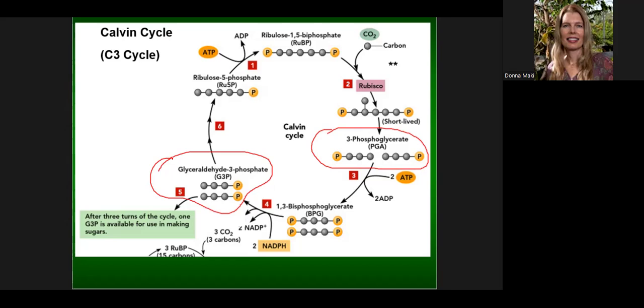ATP's got to come into play because you need to add more phosphate. You can see the addition of phosphates with ATP's help. And then what NADPH is doing is like, I have some electrons, I can donate those off. And that's what's happening as well. And you end up with the product of that portion called G3P, glyceraldehyde 3-phosphate.